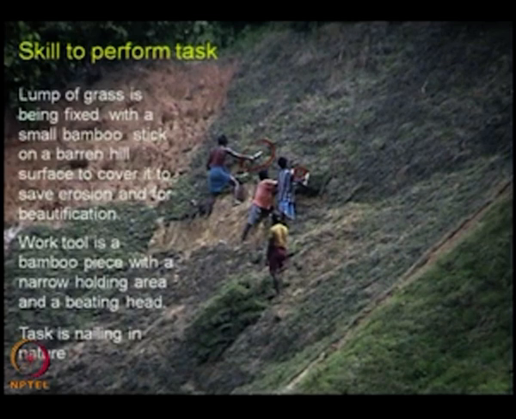Now, in this the person has to perform a balancing task while performing the job. He has to stand on a slanting surface. So, to maintain this body posture, a certain group of muscles are already involved, and over that, when he has to perform the skillful task of nailing the bamboo pieces with grass lumps, it is another skillful movement.